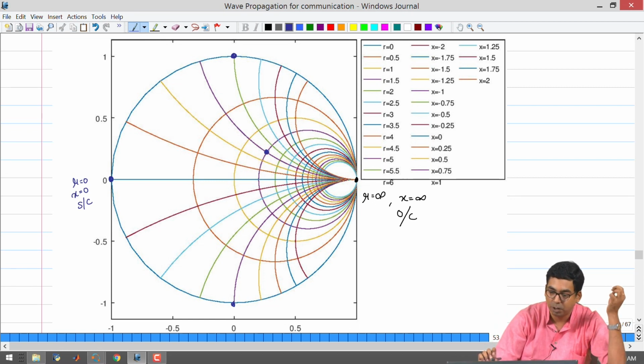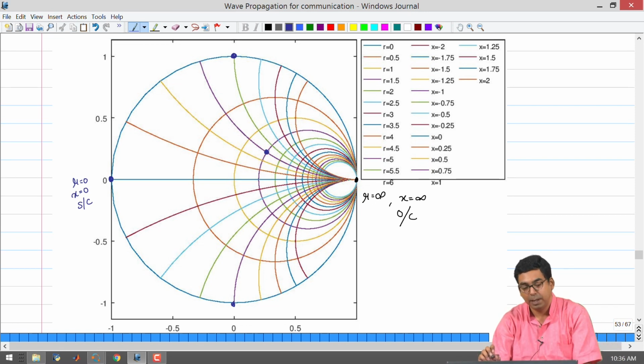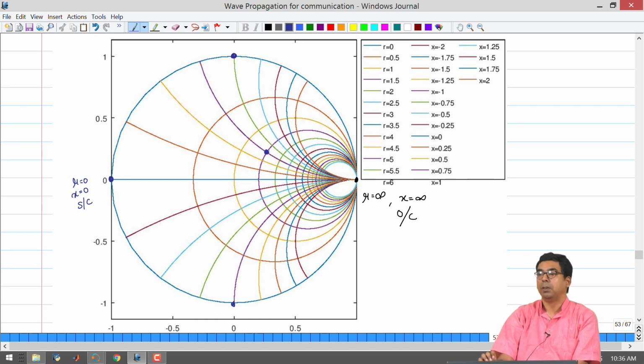This is your load impedance marked on the Smith chart, and what that point tells you is the location of gamma in the complex gamma plane. So, if I want to calculate for an arbitrary load impedance what the reflection coefficient is going to be, I can just take the center of this circle and calculate the Euclidean distance from here to there.